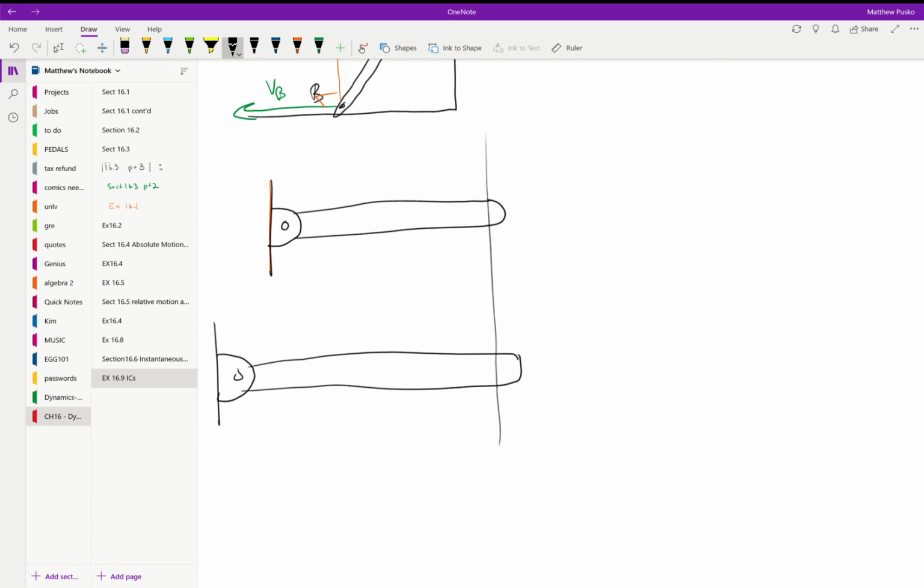The point is that they're both exactly horizontal at this moment, and since they're horizontal, even though they may both have different circular paths, one's going to have a larger circular path than the other, at this instant they have velocity vectors that are pointed straight down, and they would both be equal to each other.